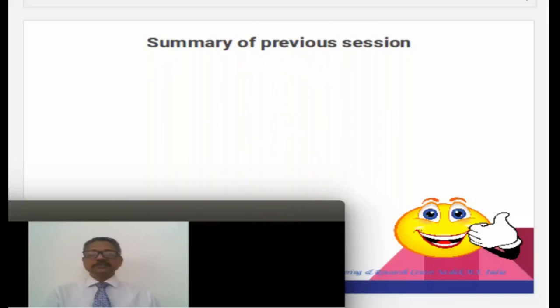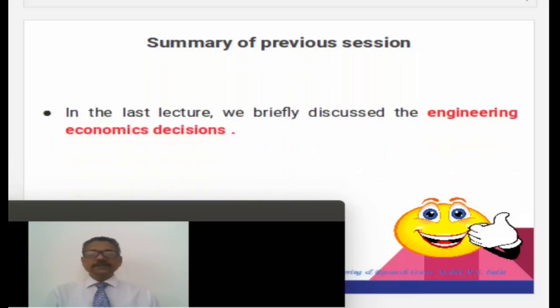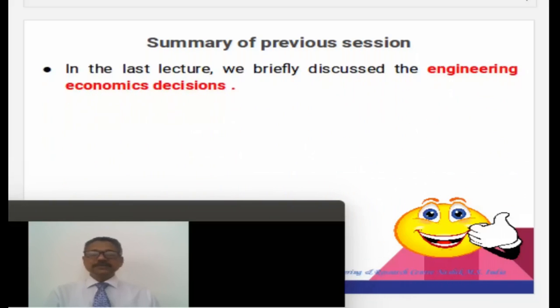Next, we will take a quick review of our last session. From the previous session, we started learning about money and economic value, which is part of our unit number 4. In the last lecture, we briefly discussed engineering economic decisions, in which we saw the unique features of accounting for manufacturing concerns such as process costing, batch costing, cost allocation.